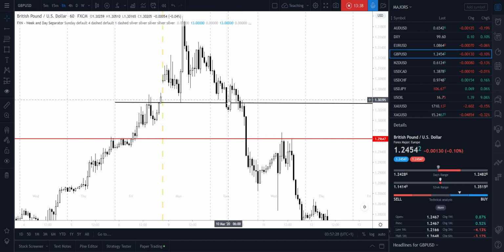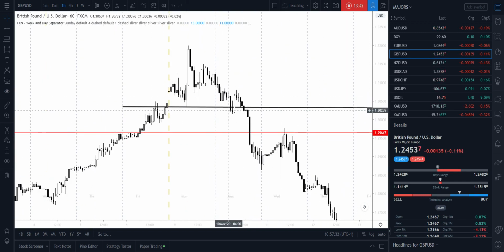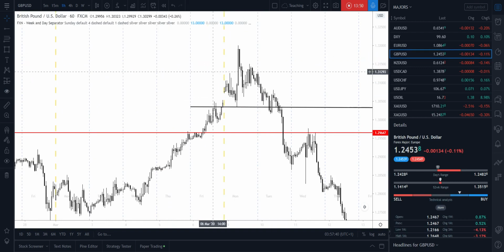I'm gonna do more to give you clues as to when to anticipate, or where to anticipate the swing highs to form. Okay, for now you don't know, so once you see a swing high forming, then you can go and apply these things.